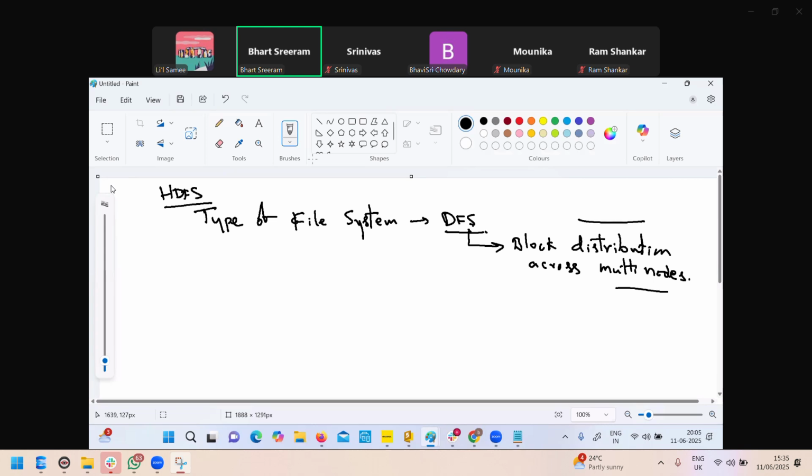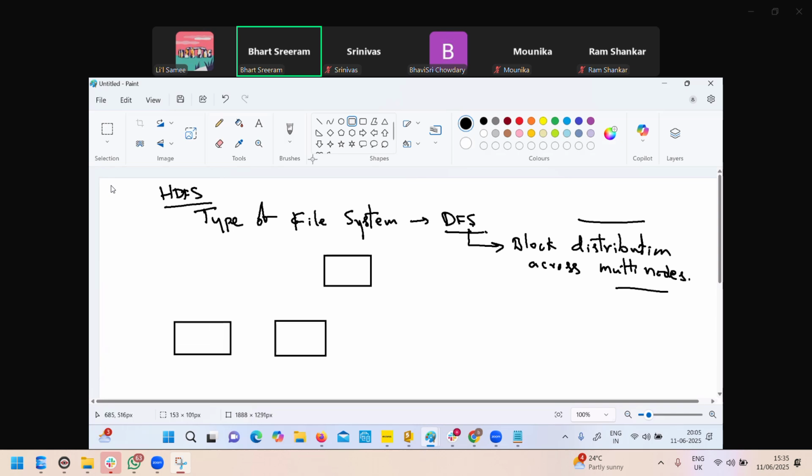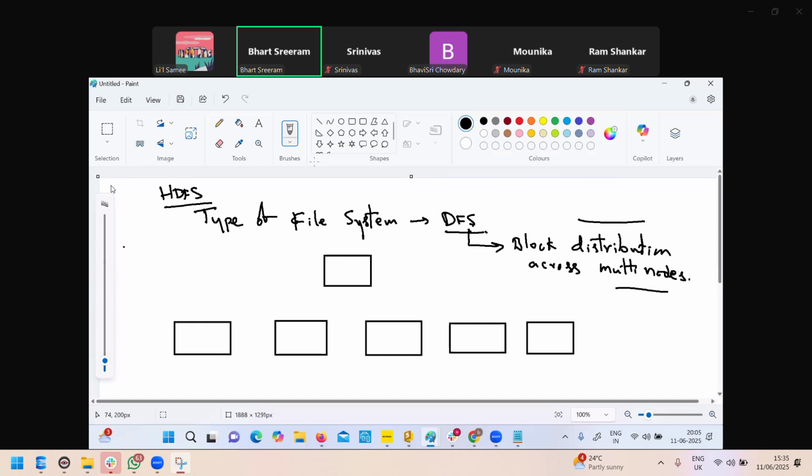Treat this as a cluster; for a simple example, you have a 5-node cluster. In HDFS, in the beginning the block size was 64 MB. After that they modified it to 128 MB. Nowadays, the latest is 256 MB.